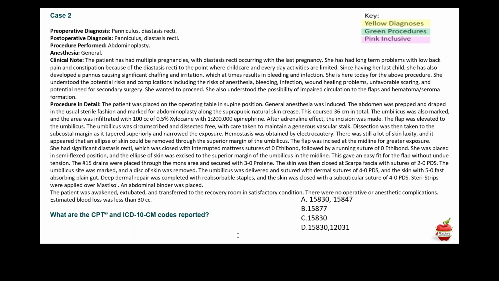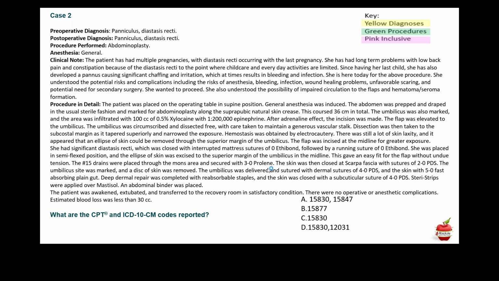She had significant diastasis recti, which was closed with interrupted mattress sutures of 0 Ethibond, followed by a running suture of 0 Ethibond. She was placed in semi-flexed position, and the ellipse of skin was excised to the superior margin of the umbilicus in the midline. This gives an easy fit for the flap without undue tension.